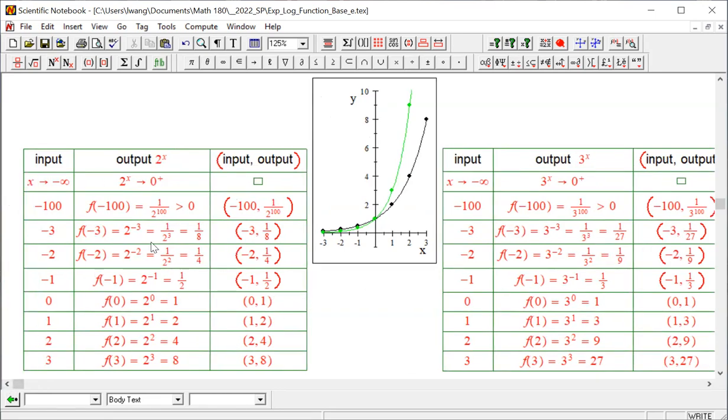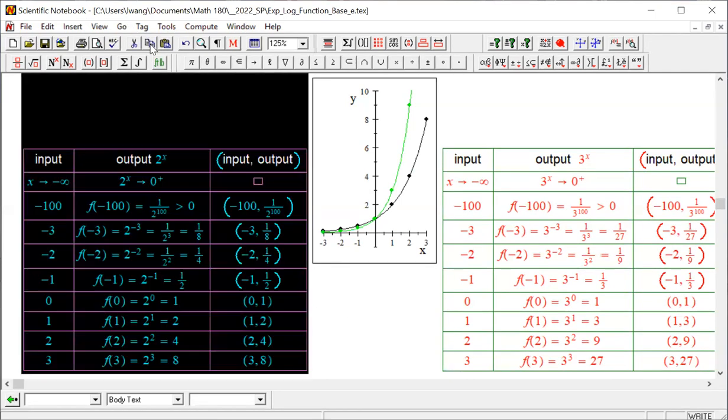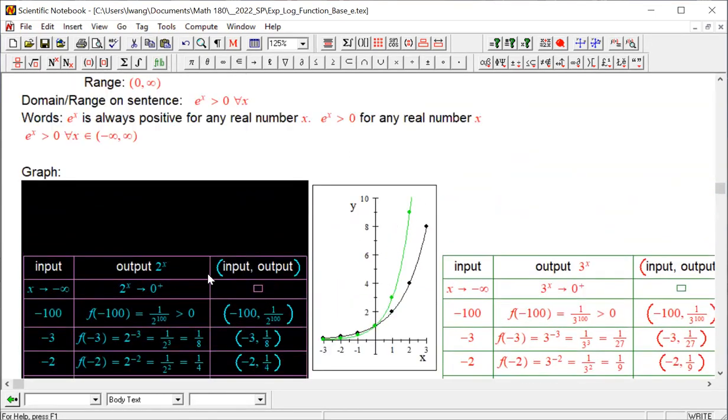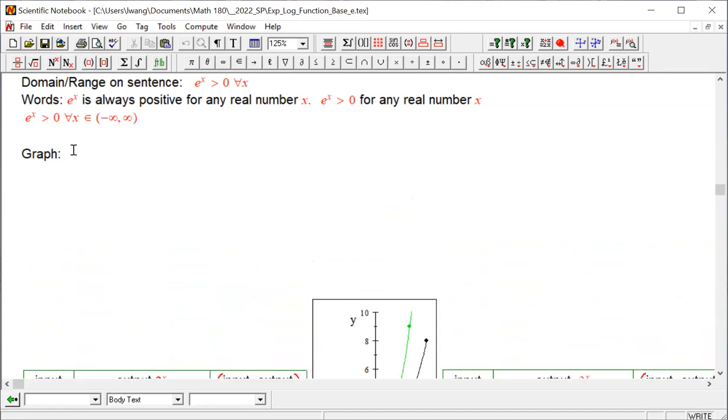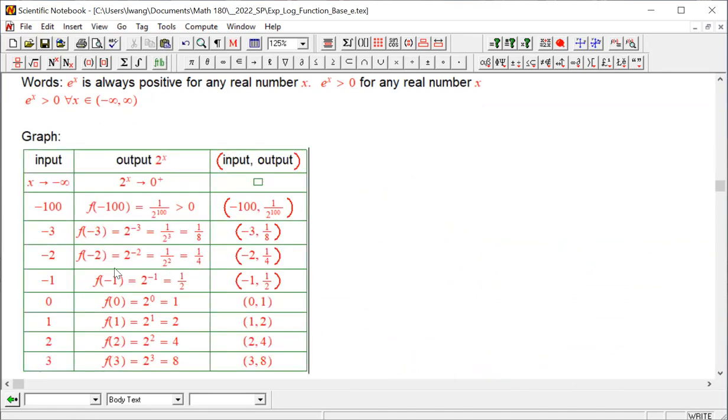So in this case, I'm just going to choose 2 to the power x, and then you can see the similarity. I'm going to push this down. Just look at this table, and the output for this function, of course, is e to the power x.